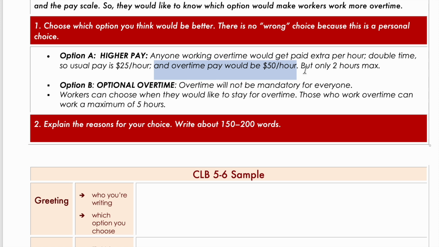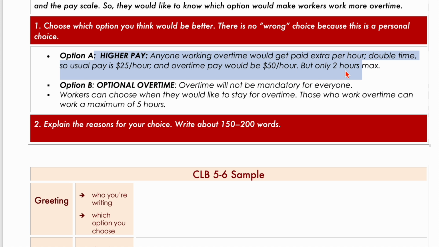It says here, but only 2 hours max. So you can work overtime and get paid $50 an hour, but only 2 hours. Okay, well, that's not bad still. So this is one of the options. If you choose to work overtime, you would get paid double time, and double time is a good pay rate, okay?